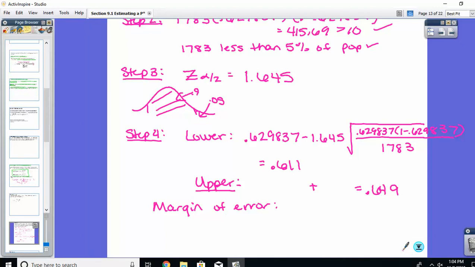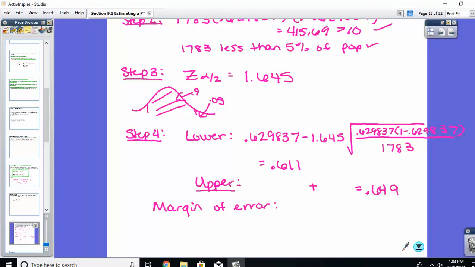Well, kind of. They're gonna have to do one other thing to it. Your margin of error is how far these are from our point estimate, our p-value. So you could subtract them, but then you would have to divide that by 2, because if you think you've got the number in the middle, so you want to go above and below that.